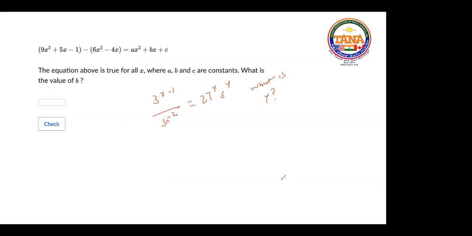Yeah, it is 3 to the y minus 1, 3 to the y. You know what? I'll just redo that real quick. 3 to the y minus 1.